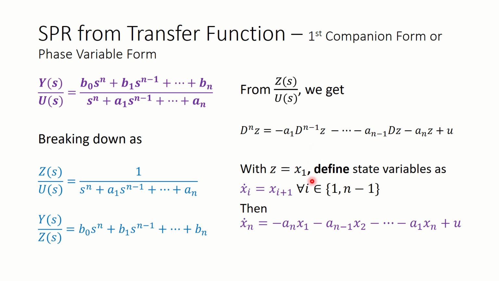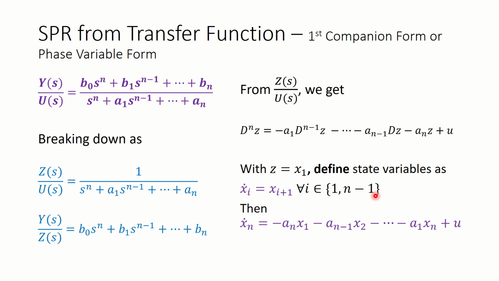So what we did here, we defined z as x1 and all the other state variables in this fashion, each as the derivative of the preceding state variable. You see x(i+1) is defined as xi dot. So x1 dot would be x2, x2 dot will be x3, and we continue doing this for all the n minus 1 state variables.